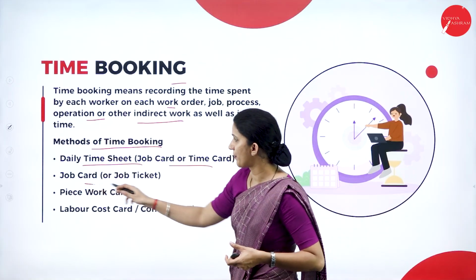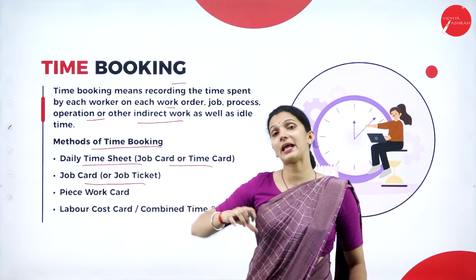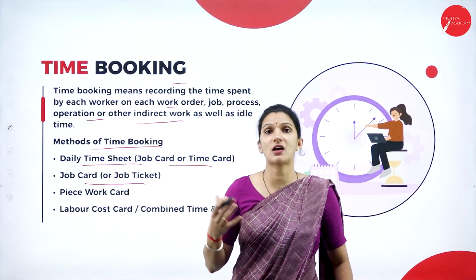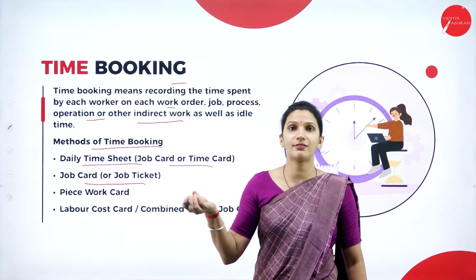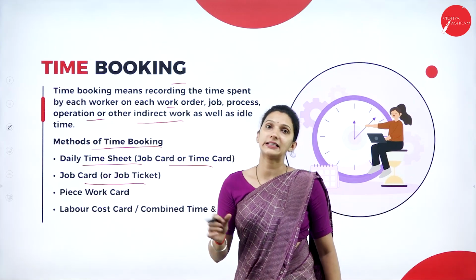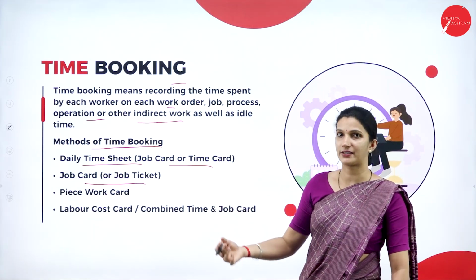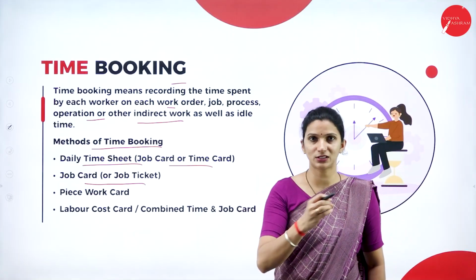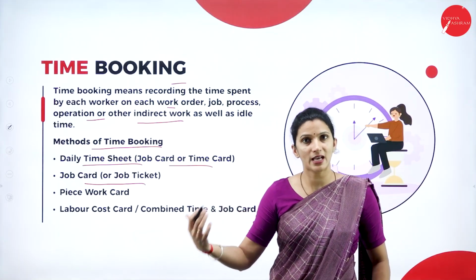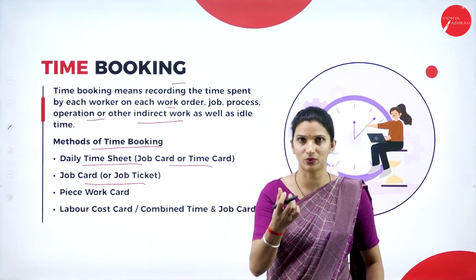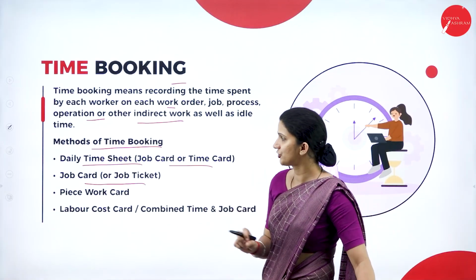And then we have the job card. For each job, a separate card is issued, and whenever he completes the work, all those details are written in that job card, so that the managers or higher authority get to know what job he has completed and what time he has taken to complete that work. That is the job card method.